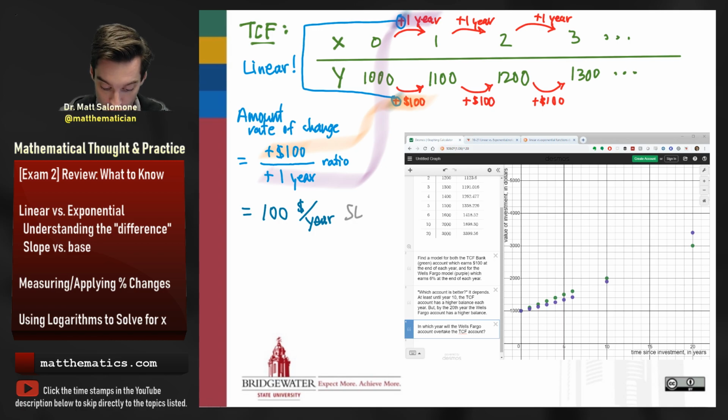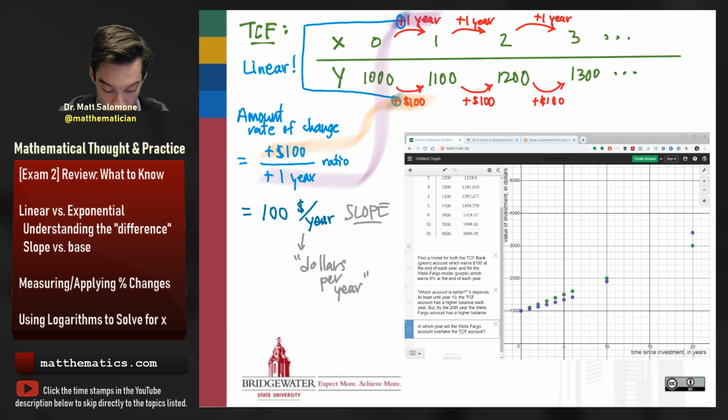This number is first and foremost called the slope of my linear relationship. And I can take these units, write them out in an English sentence here, dollars per year. And those units will tell me how to contextualize the meaning of this number.